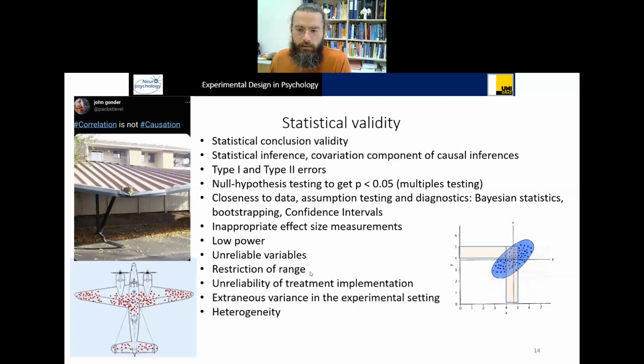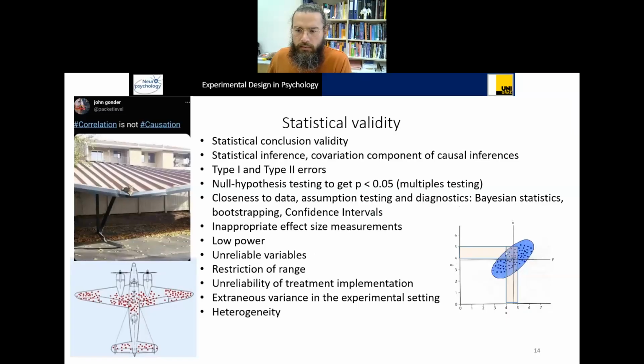Okay, restriction of range. When you are interested in calculating dependencies between different variables, you should take care that the range of the variables you are measuring are acceptable, so that they are not too restricted. We see here in this example that in the real data, in reality, there is a moderate to strong positive association between variables x and y.